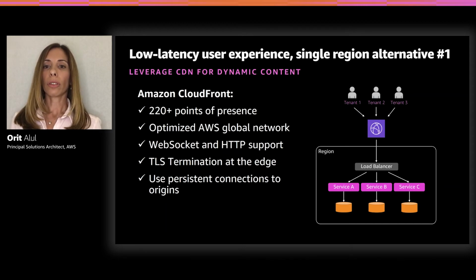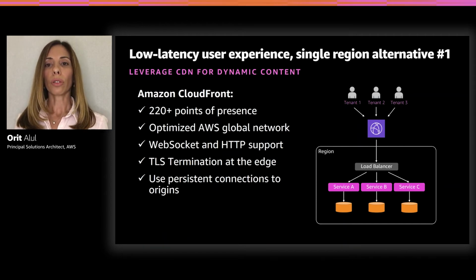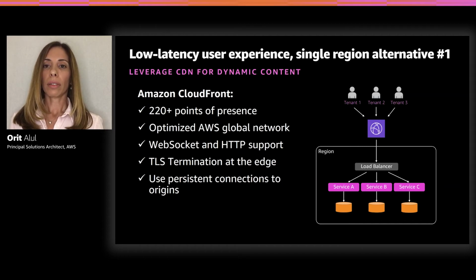And this has several advantages. First advantage is leveraging the optimized AWS Global Network for communicating from the edge to the region, instead of communication happening over the internet. Second advantage is the fact that CloudFront makes use of persistent connections to each origin for dynamic content. This means we reduce the overhead of connection creation.